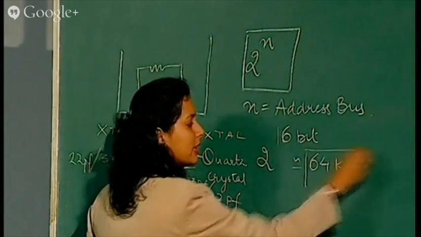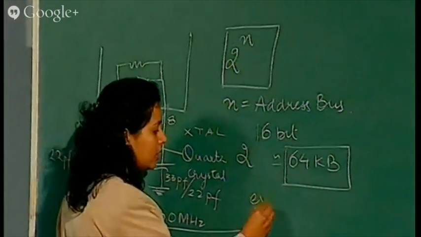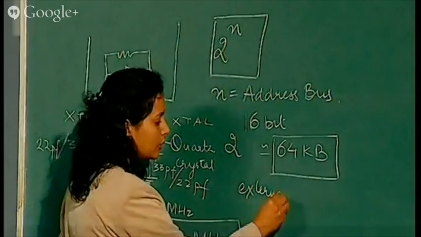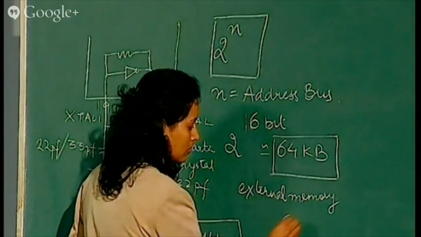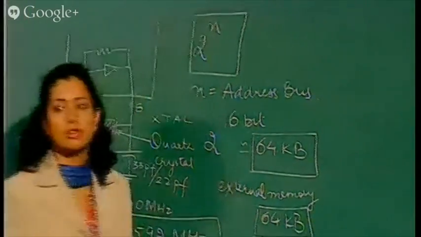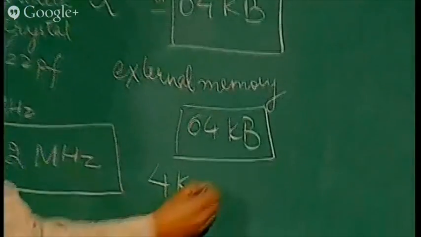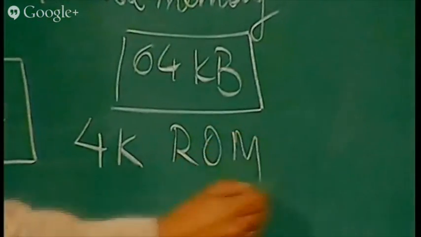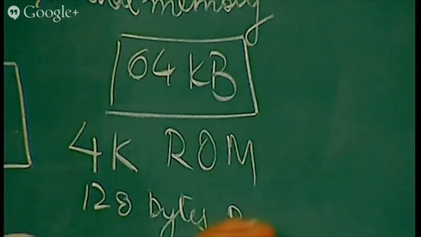So that is why we say that the external memory you can attach can go up to 64 kilobytes. Though on chip is 4 kilobytes, and this is ROM, and 128 bytes is RAM.